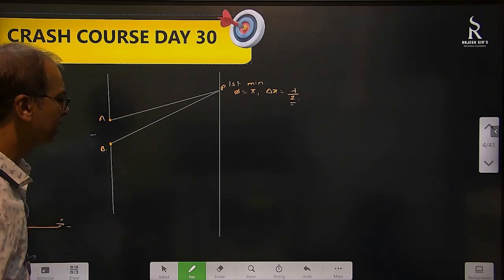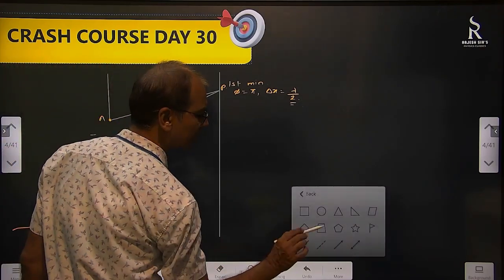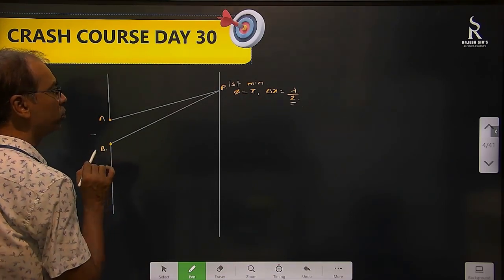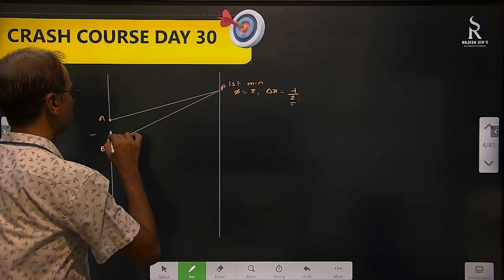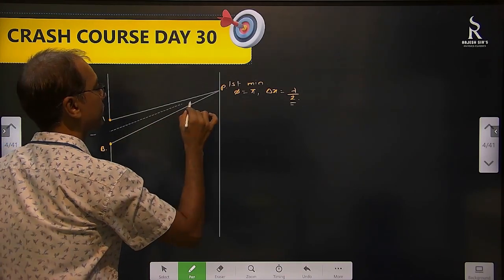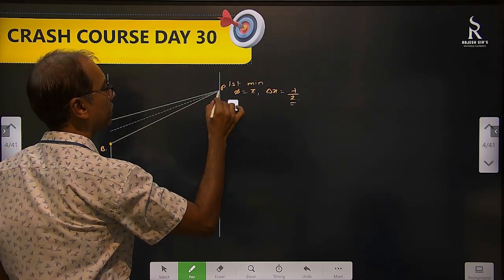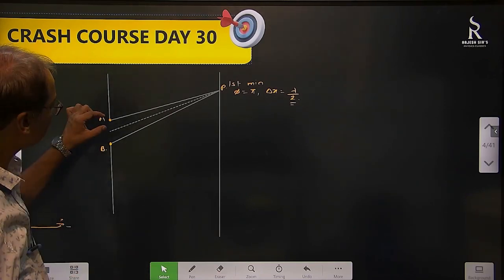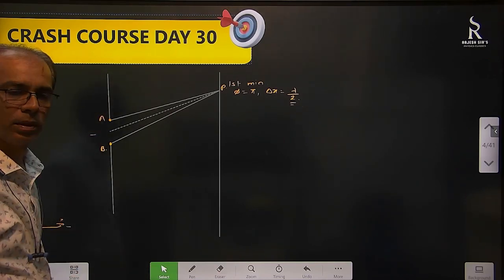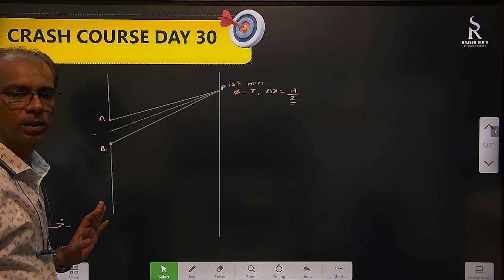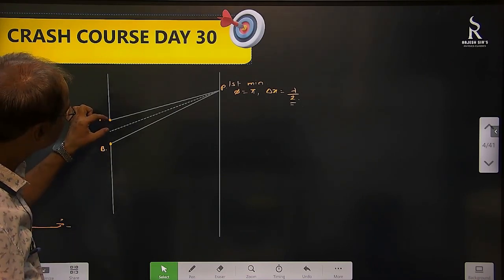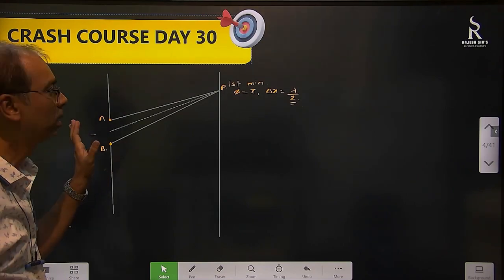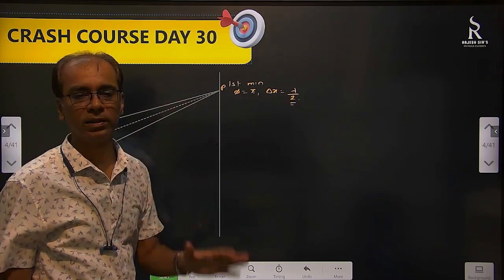So Fraunhofer says that you better divide this into two zones. Okay, divide this into two zones. Here we divide it into two zones. One zone, two zone. First zone, second zone. Now, all the sources which are there in here and all the sources are there here, they'll produce delta x equal to lambda by 2.